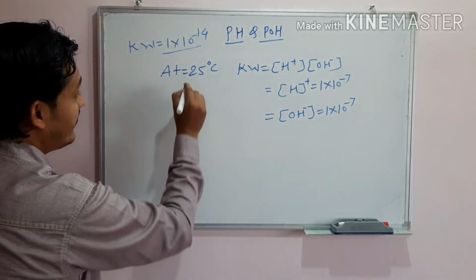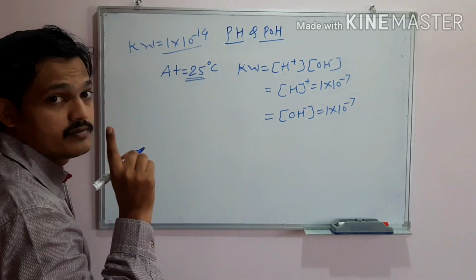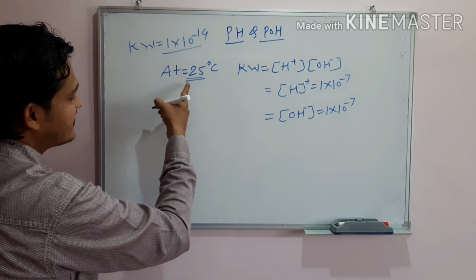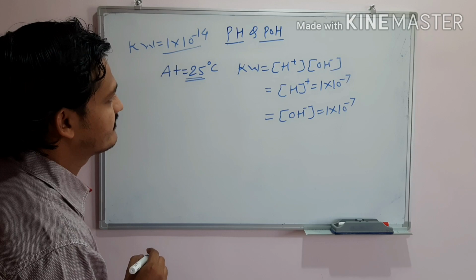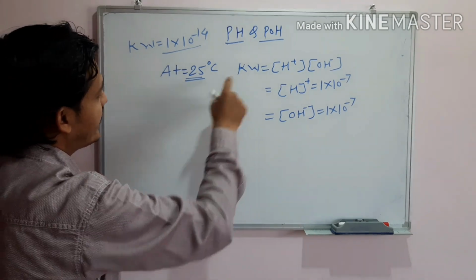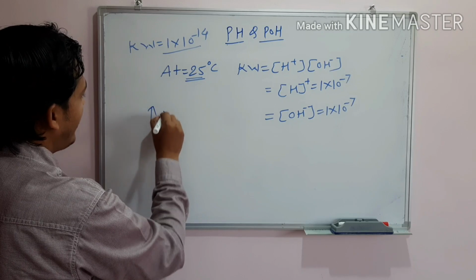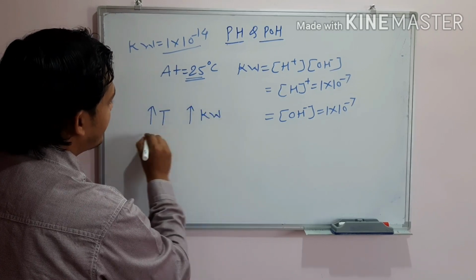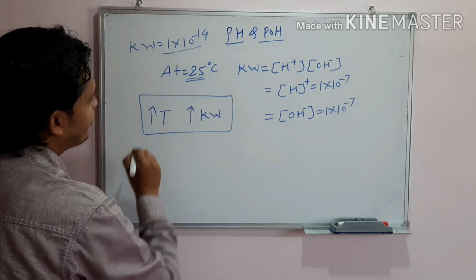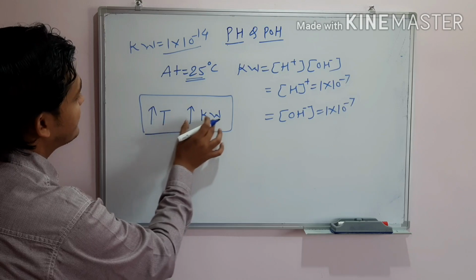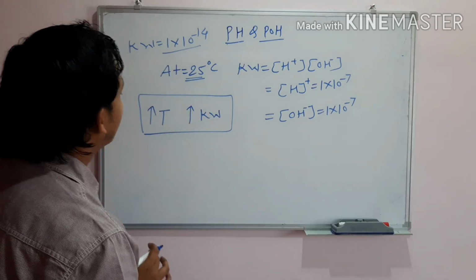This is at 25 degrees Celsius only, because as temperature increases, the value of Kw, the ionic product of water, also increases. Please remember that this is not given in the textbook.